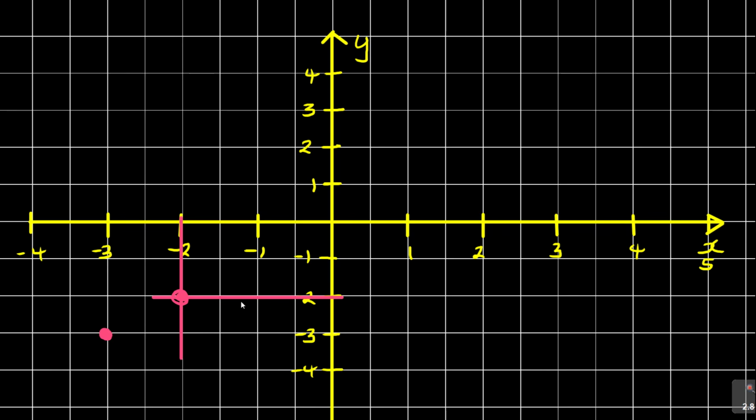So that is how you are plotting these points. So I can take this off, I can take this off. There is the point. When it's -1 and -1, it's the same thing. I can have my hand going through -1 like this, and my other hand must go through -1, and the point where they meet here, that is the point which I must sketch.